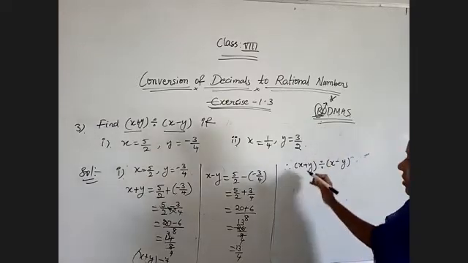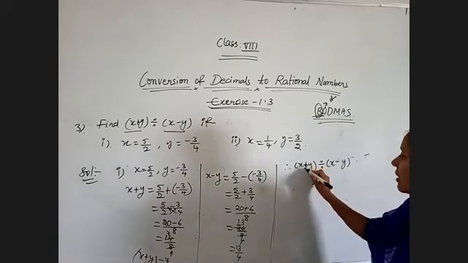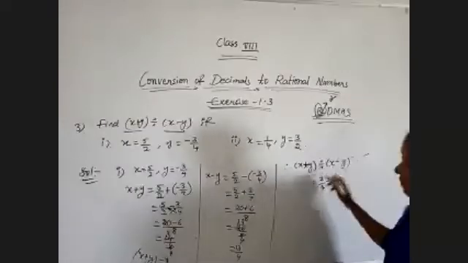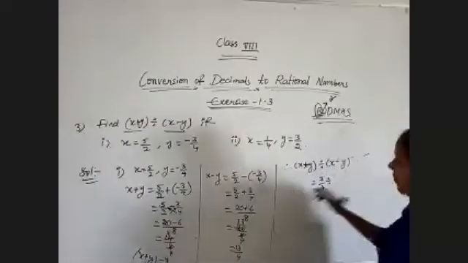Now, for bracket, in bracket we have x and y. Addition operation is there. We got 7 by 4 divided by x minus y value, we got 13 by 4. That's all. So 7 by 4.